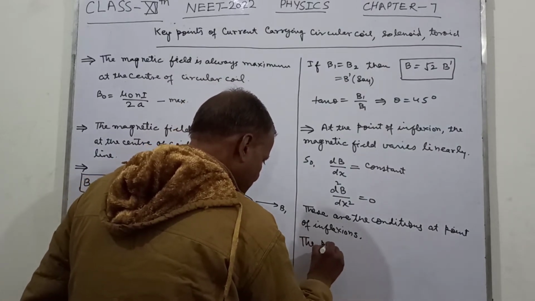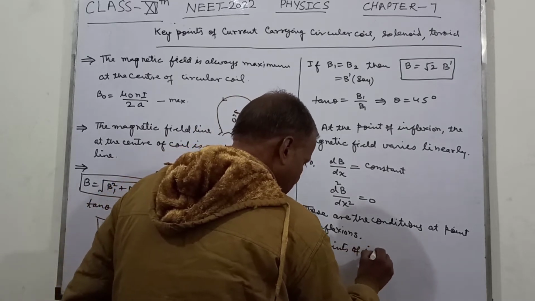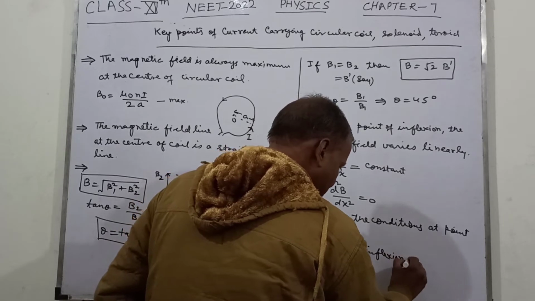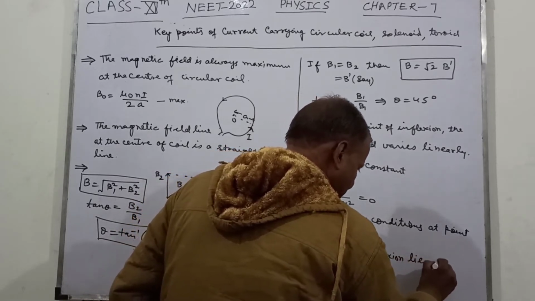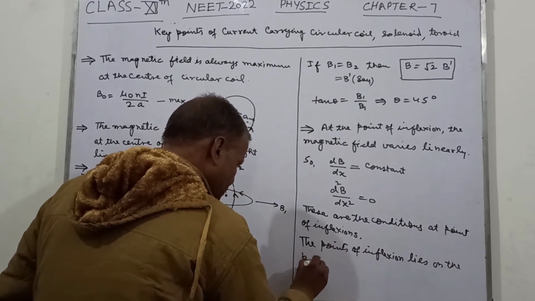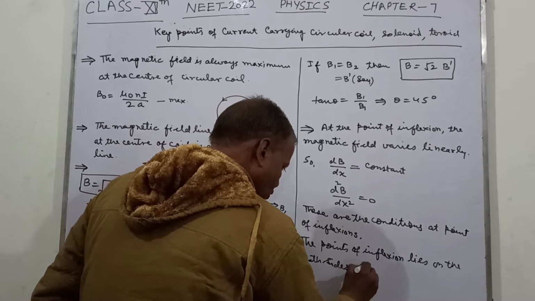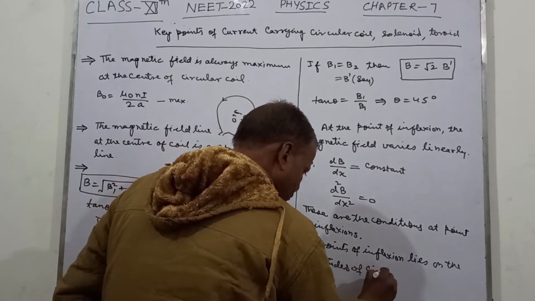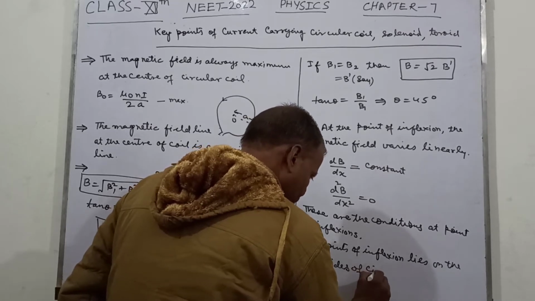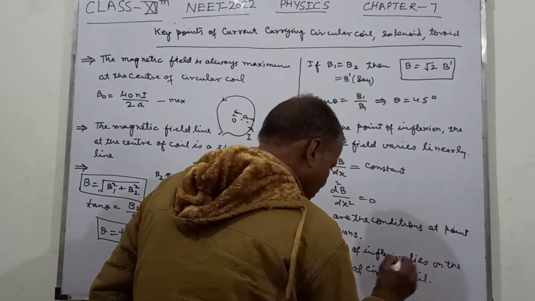The points of inflection lie on both sides of the circular coil.